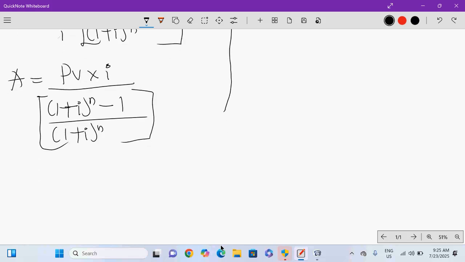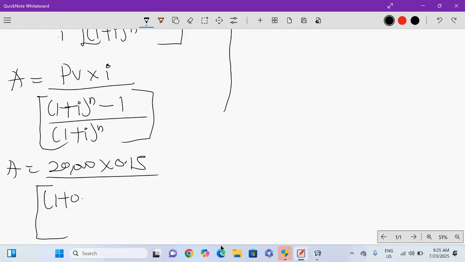Right? Okay. So from here, what is our A? A is equal to 20,000 times the interest rate of 0.15 all over the (1 + 0.15), what is the number? Is 4 years, right?